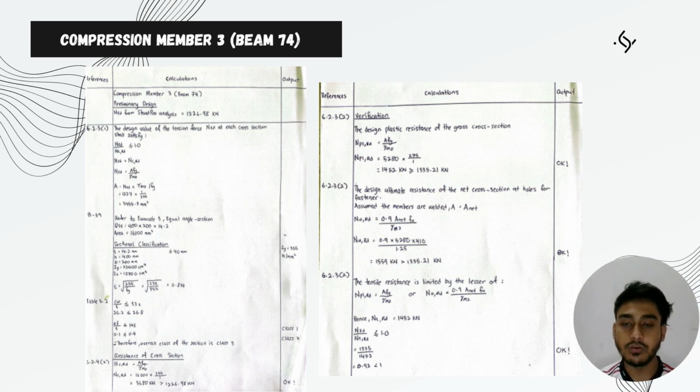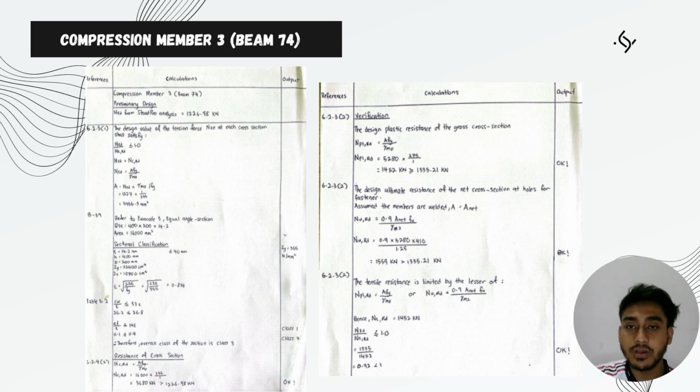So now I will explain my calculation for compression member 3 for beam 74. The NED from STAAD Pro analysis, we get 1226.68 kilonewton. So the design value of the force NED at each cross section shall satisfy, must be less than 1.